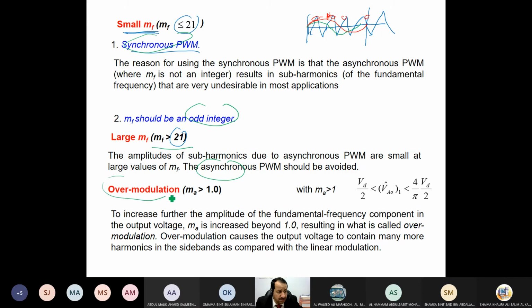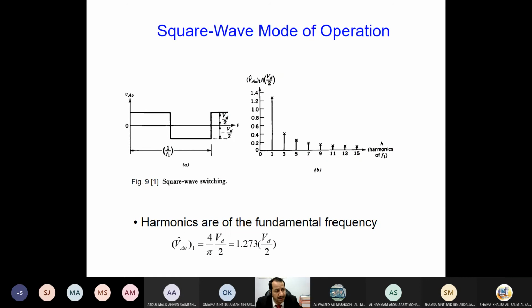For overmodulation, which means MA greater than 1, my fundamental voltage is greater than VD over 2, as explained in the previous graph, and lower than 4 over pi, because when we reach 4 over pi, it means we reach the square wave inverter. In overmodulation, these small harmonics will disappear. It's not that much of a problem, similar to the linear modulation. For square wave, we will get square at the end in this way. I explained it before. In this way, we get square.